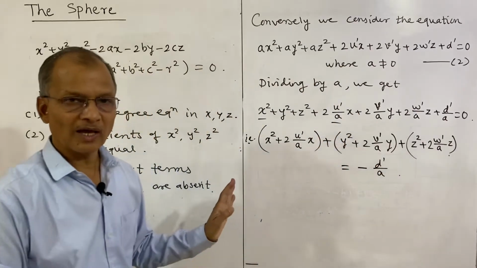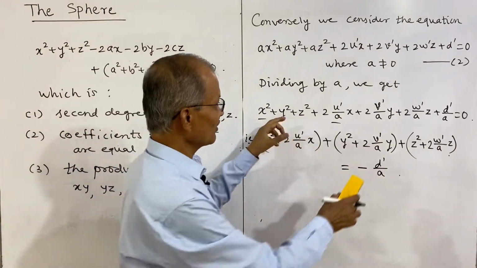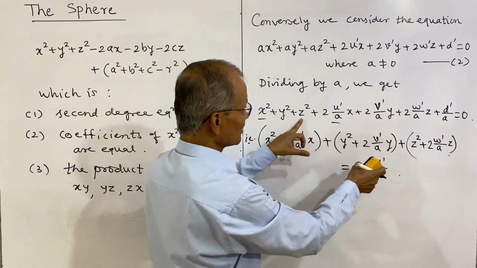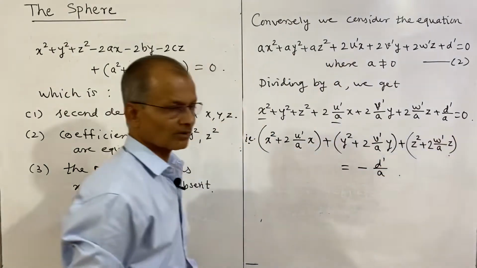So we have only arranged the terms. The x terms I have written first, the terms of y in the second bracket, the terms of z in the third bracket, and this term I have transferred to the right side.